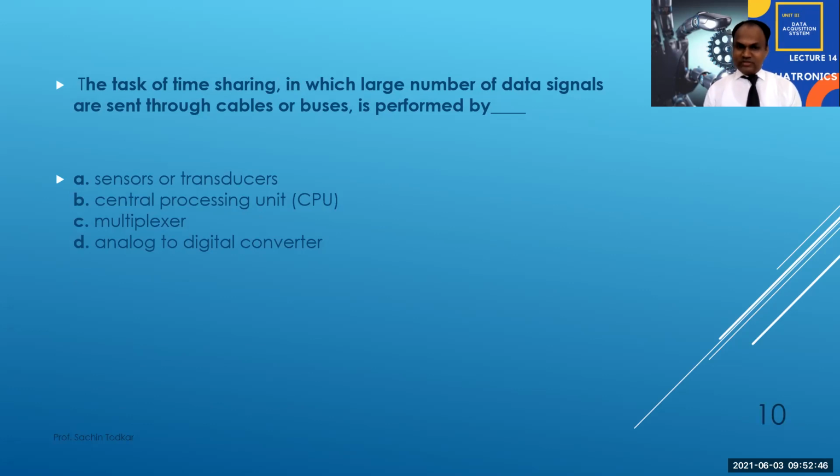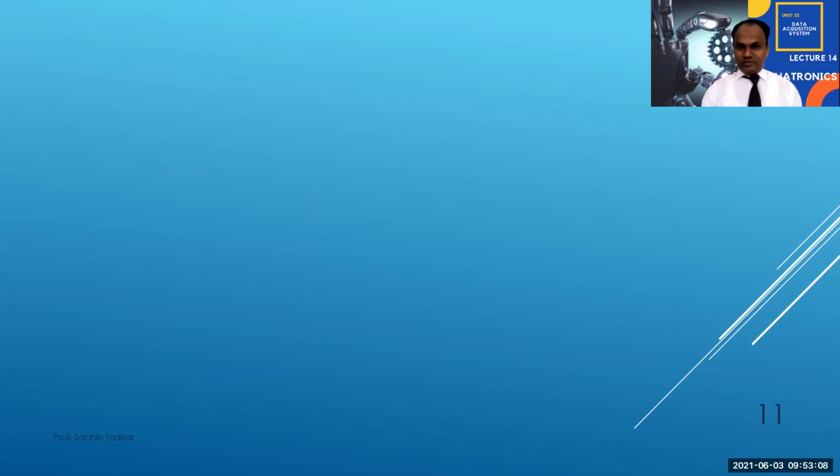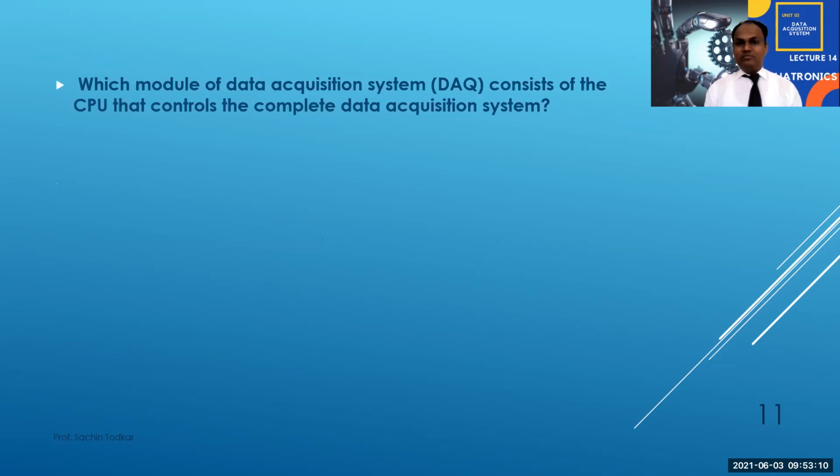Sensors or transducers, central processing unit, multiplexer, or analog to digital converter. If there are a large number of data signals, then we have to use a multiplexer for time sharing. So that is the important part of the multiplexer: it has that utility of time sharing.